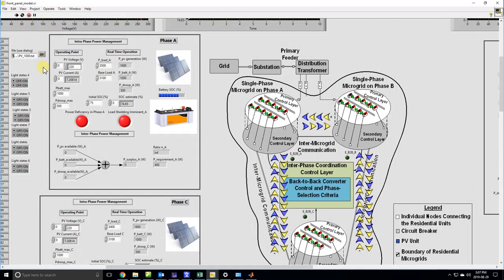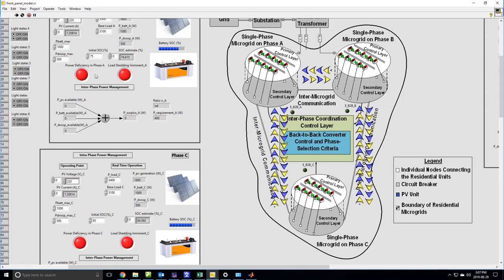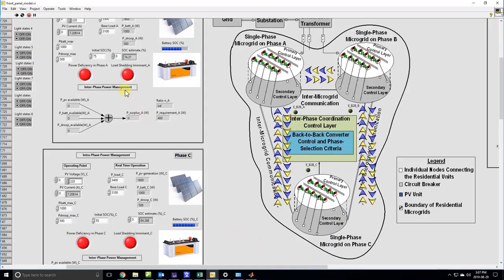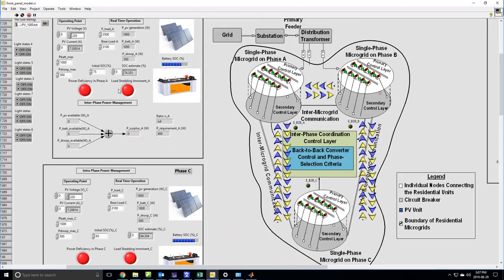In this case, since it is expected that all the phases have power deficiency, all the signals denoting power deficiency will be turned on, as you can see, phase A, phase B and phase C. Also you see that there is a load shedding imminent signal in all of the three phases, since there is no way in which all of the three phases can be balanced in this case.